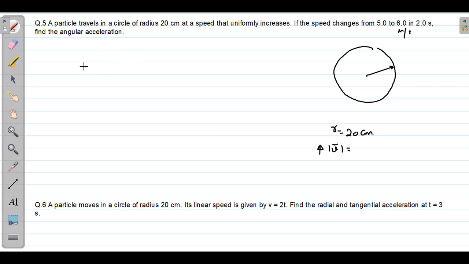Here the speed changes. We have already mentioned that acceleration in circular motion has two components. One is the radial component and another is the tangential component.